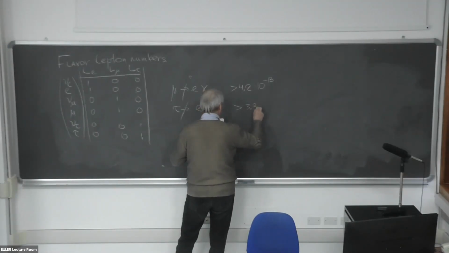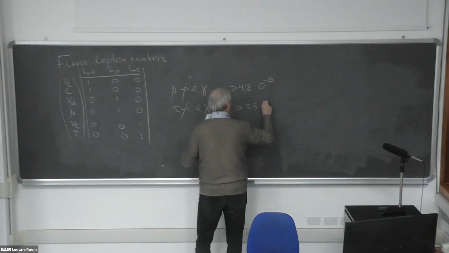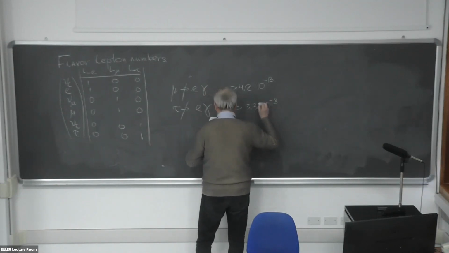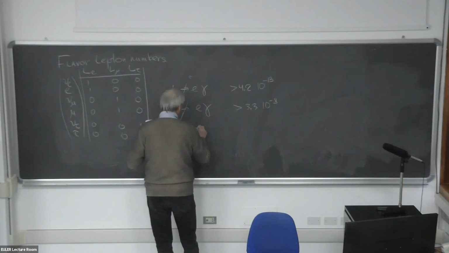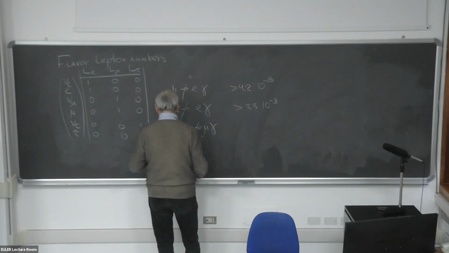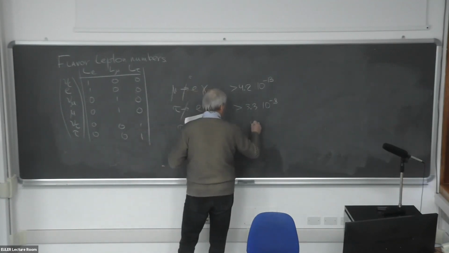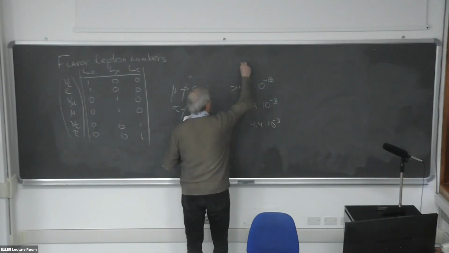So it's 3.3 times 10 to the minus 8. So also there are processes like tau, which are searched for unsuccessfully yet. And the bound is 4.4 times 10 to the minus 8 on branching ratios.